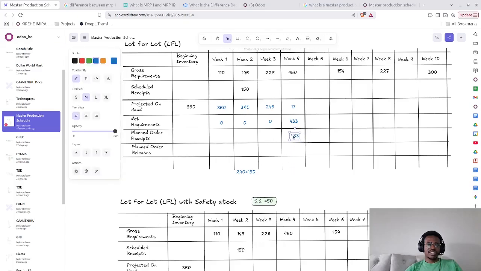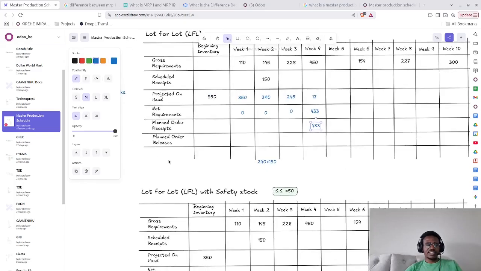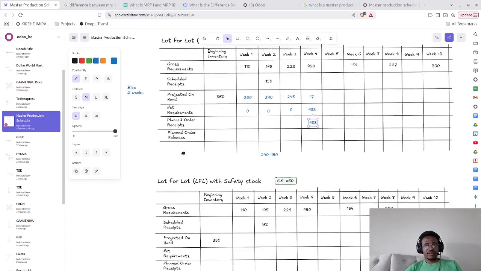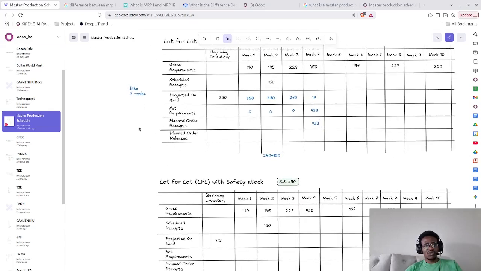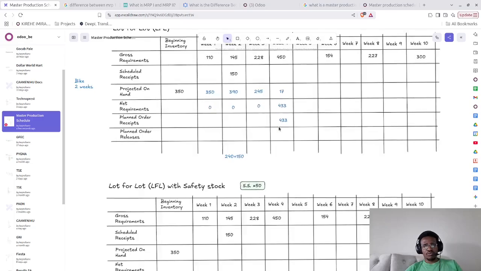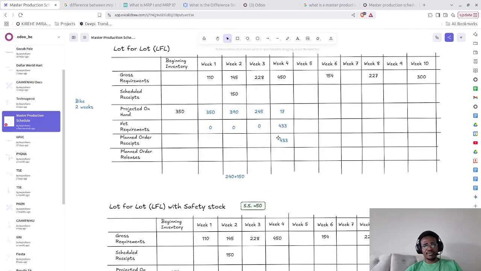So I plan to receive it in week 4, but I have a lead time of 2 weeks. So for me to supply this demand, for me to receive these bicycles in week 4, I must make an order 2 weeks prior. So 1, 2.